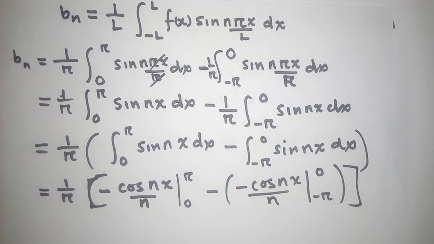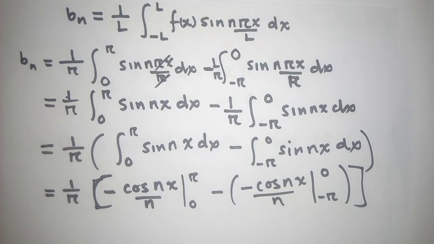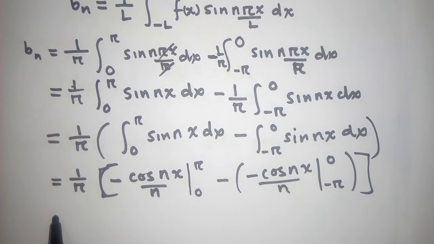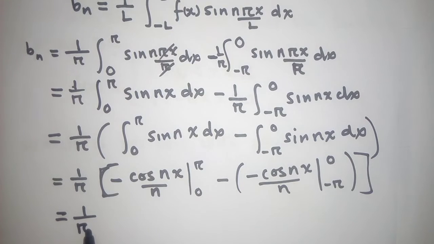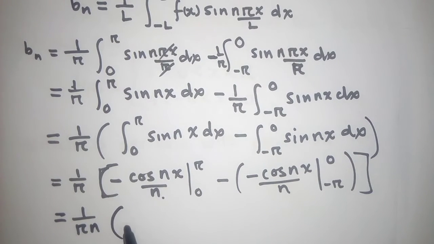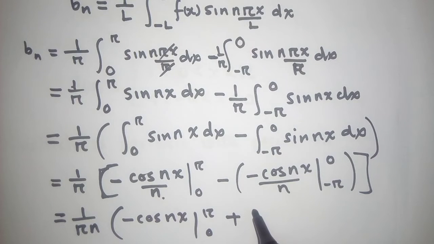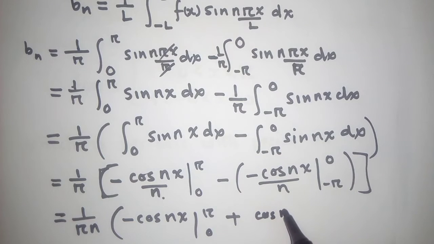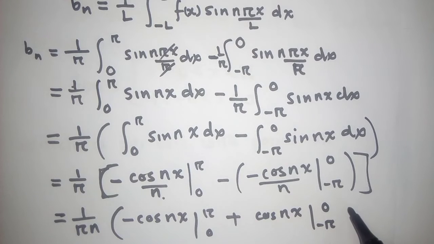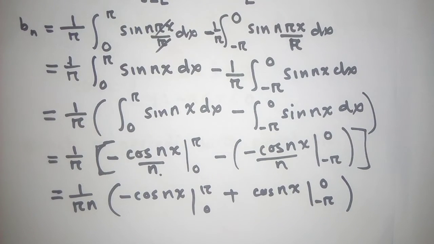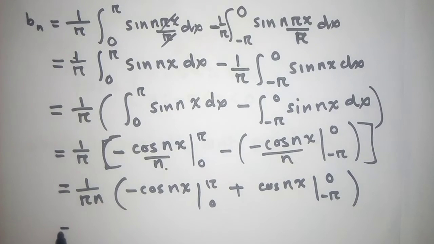Okay, so now at this point we can factor out the n, so it will look like this is equal to 1 over pi n. This n has been factored out of negative cos nx pi 0 plus this and this will give us a plus cos nx. The limits are from pi and 0 there, so here we can clean up our work, or we can plug in the limits.